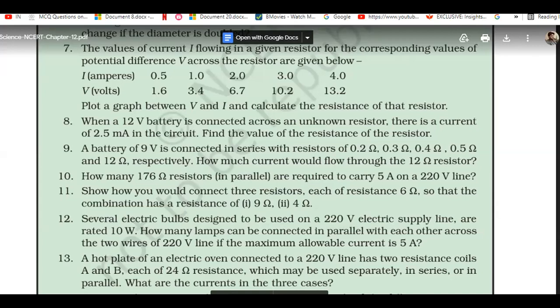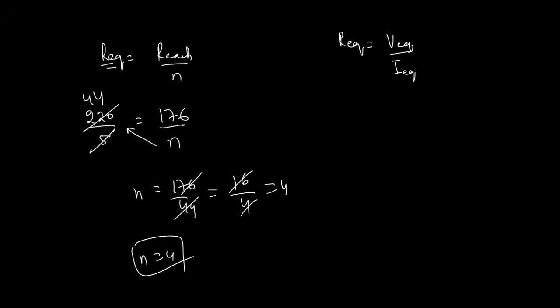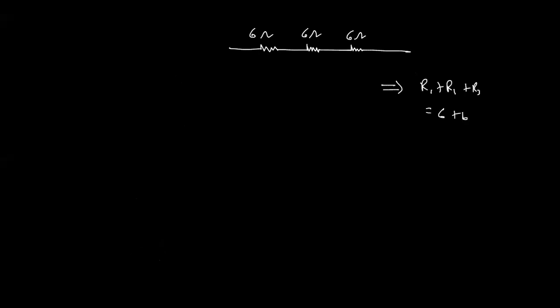As I have already told you, if I connect all the resistors in series, then they will add up. If we have three resistors of 6 ohm, 6 ohm, 6 ohm, then the total equivalent resistance will be R1 plus R2 plus R3, that is 6 plus 6 plus 6, that is 18 ohm.